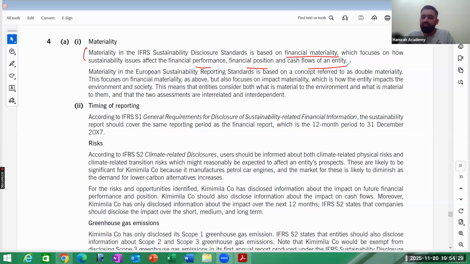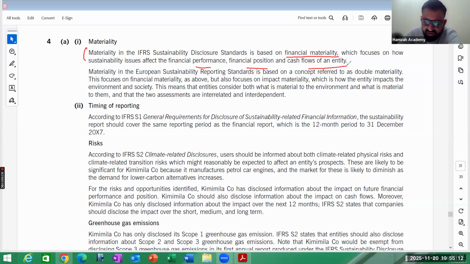For example, if we are carrying out corporate social responsibility, in IFRS sustainability reporting our focus will be on cost. But in the European standard, we will not be focusing only on the cost, but also on the outcome of our CSR. Non-financial side will also be evaluated and disclosed in the European Sustainability Reporting Standard. So that is the difference between IFRS sustainability disclosure, which is S1 and S2, and the European Sustainability Reporting Standard.